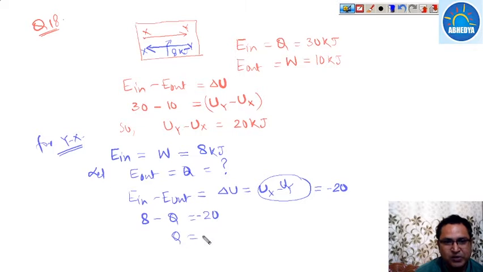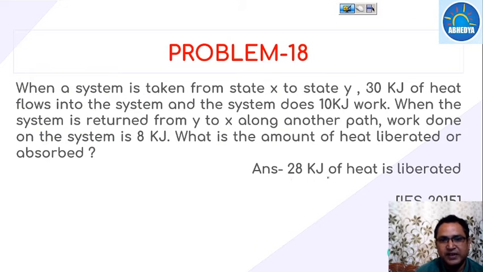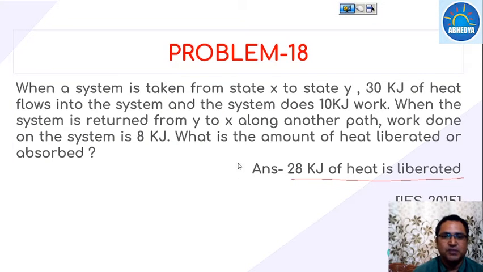So Q comes out to be 28 kilojoule, meaning 28 kilojoule of heat is coming out, that is, this much heat is liberated. This question was asked in the Engineering Services Examination in 2015, in which you just have to remember how to use the first law of thermodynamics, and always remember that whenever there is a change, the change will always be final minus initial. Now let's do some more problems.